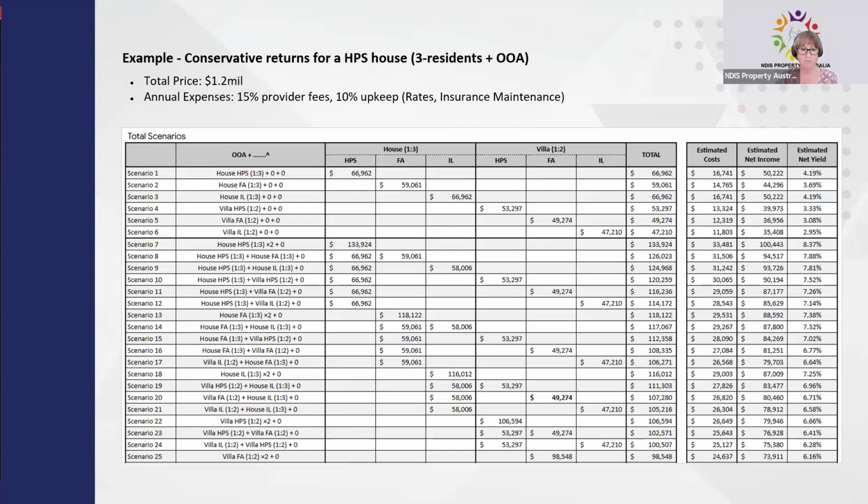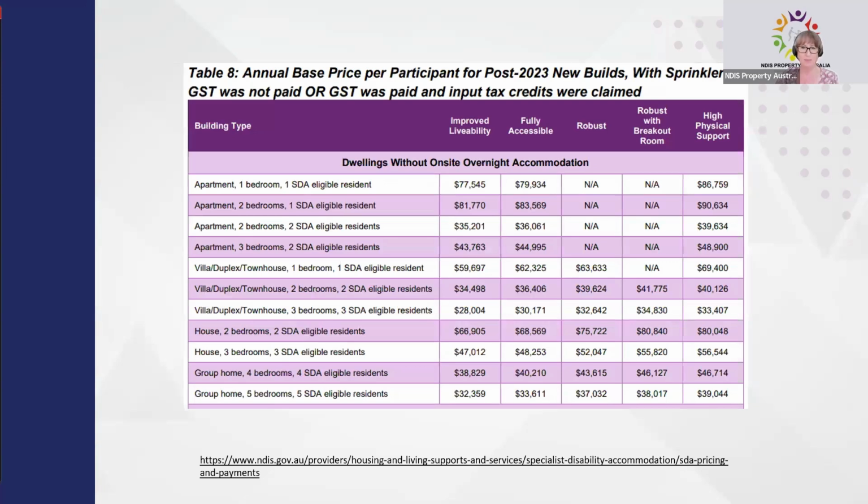Next slide. Debbie, this is showing us, straight out of the NDIS SDA price guideline, a location factor, I assume, of 1.00, because questions came up from some of the guys in the Q&A room.